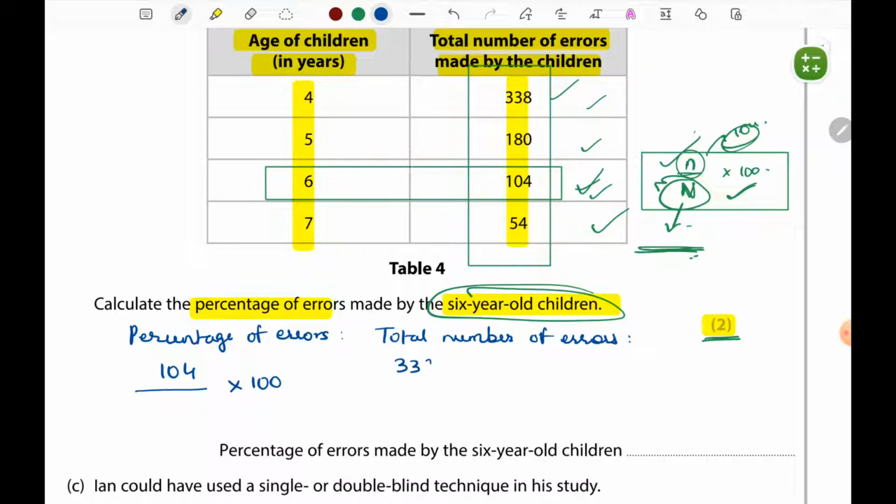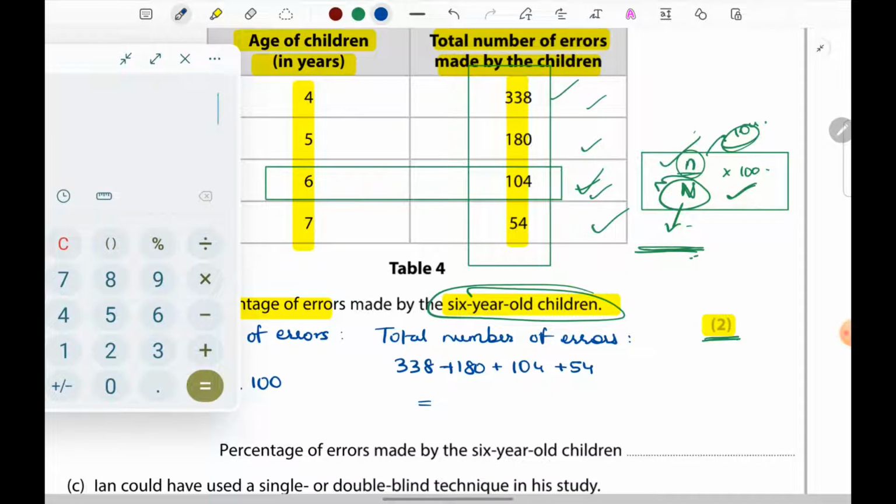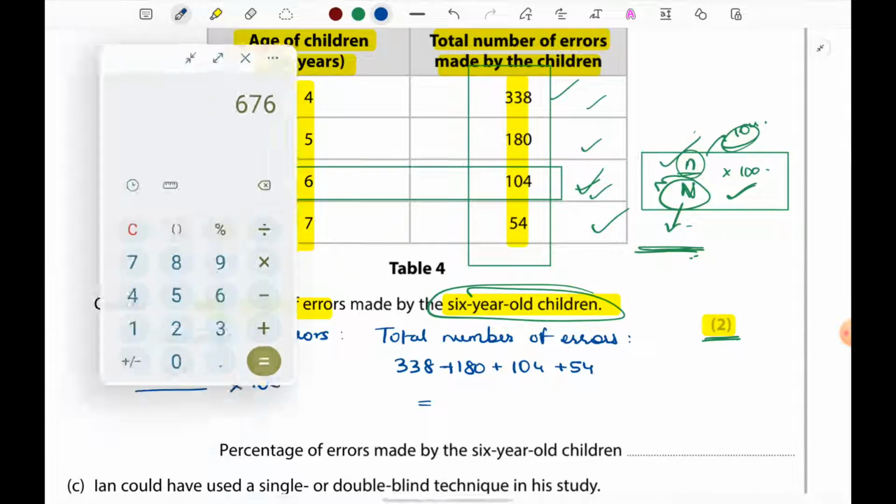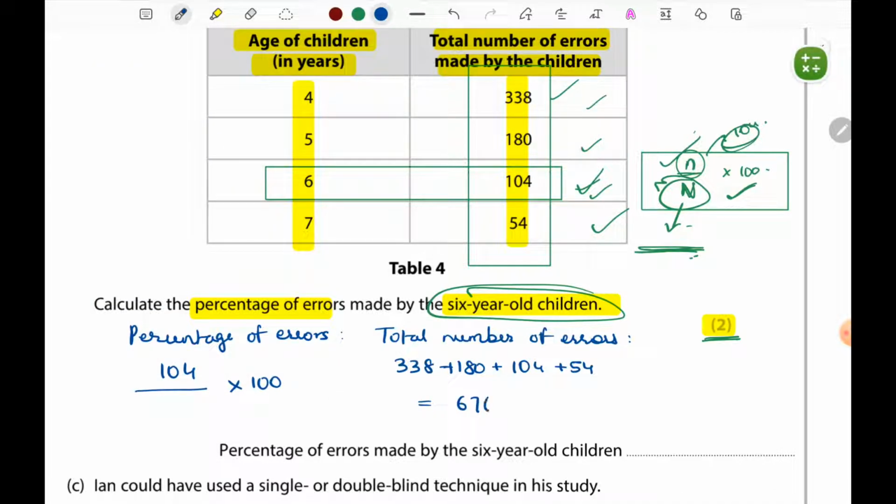So 338 plus 180 plus 104 plus 54, we can just show it like this and do it on the calculator and give the total. So I'm just adding up. So this is coming to 676, and then I can write it over here on the left side.